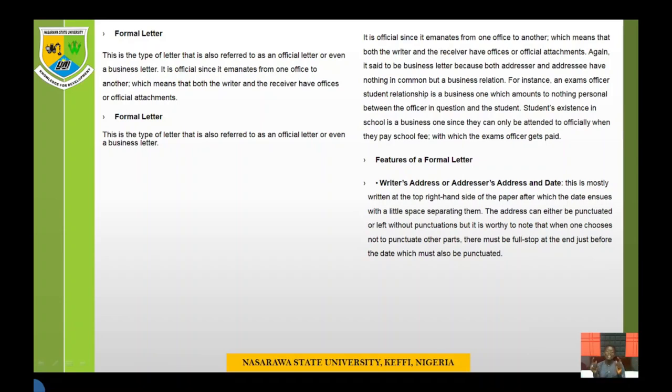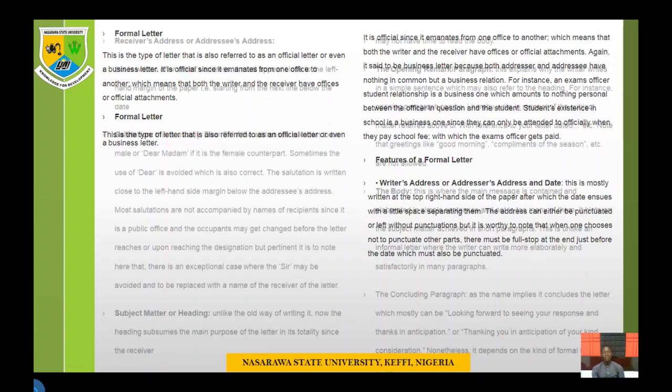The address can either be punctuated or left without punctuations, but it is worthy to note that when one chooses not to punctuate the address, there must be a full stop at the end of the address just before the date, which must also be punctuated. So whatever choice a writer makes is still formally acceptable.